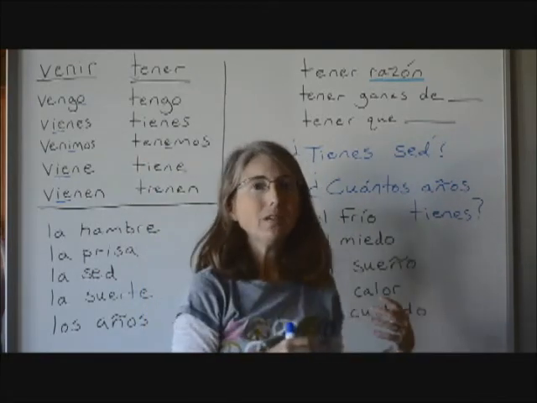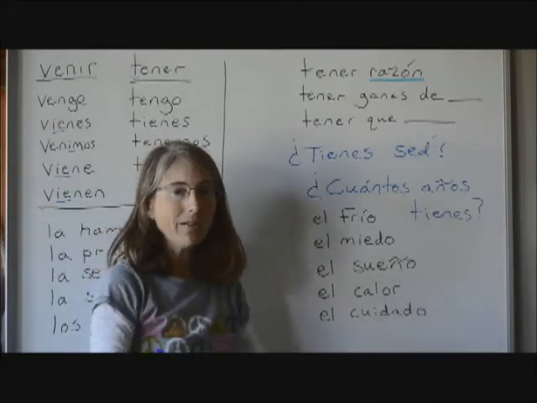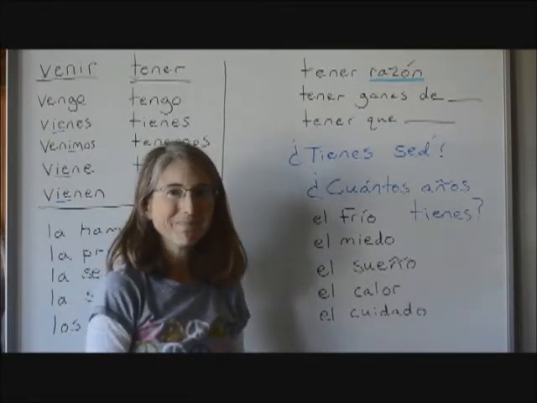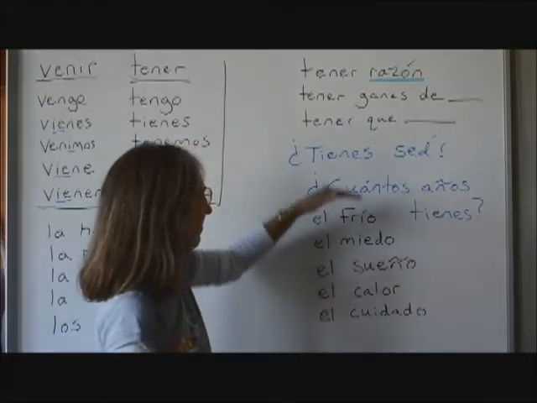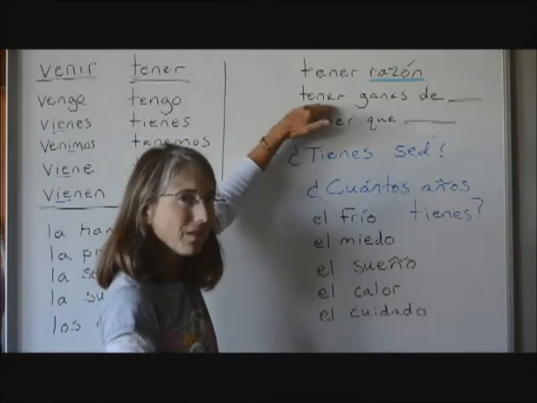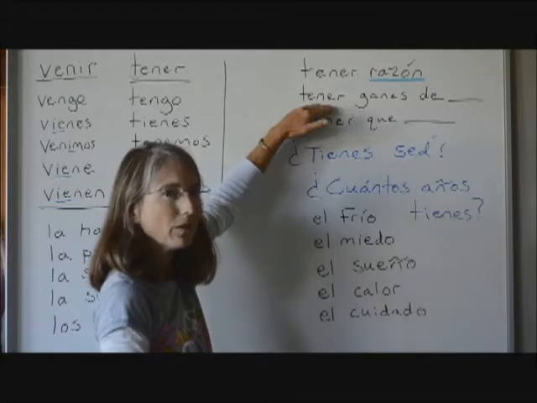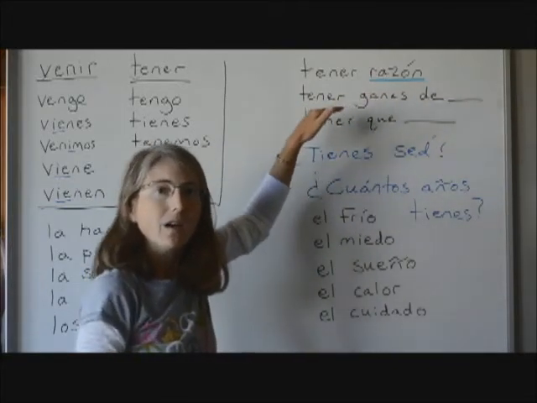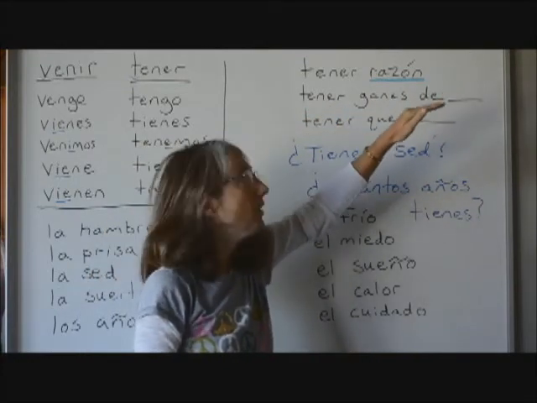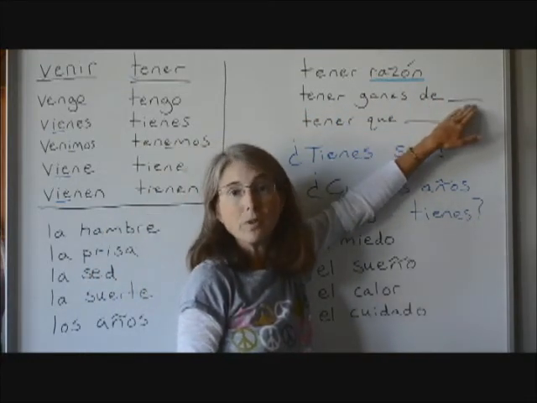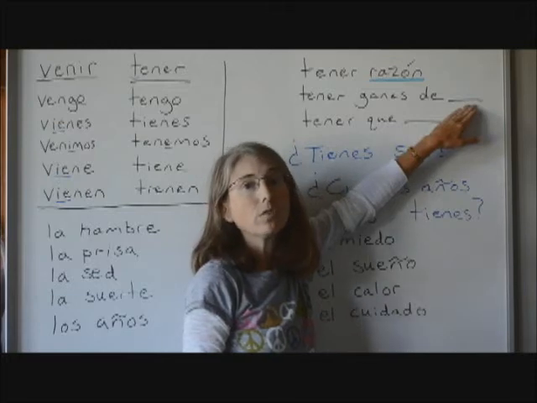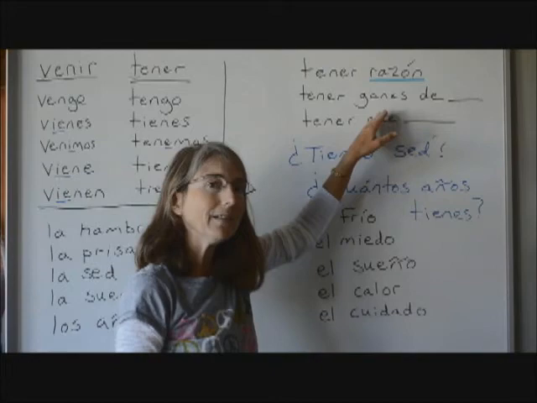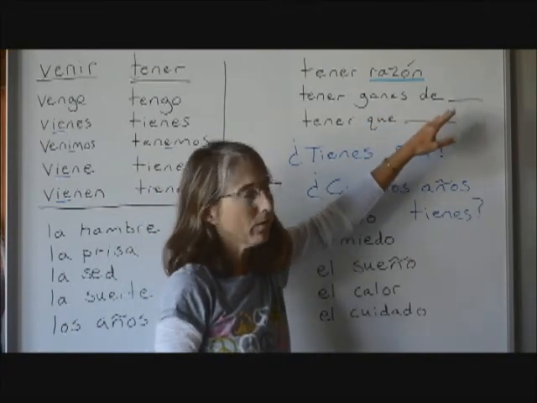And these are some of the unique ways of thinking about having qualities and where tener is used. Now, another thing that we can talk about in Spanish is to want to do something with tener. Tener ganas de means I want to do something. This blank is here because we would put a verb here. I want to sleep. Tener ganas de dormir. I want to eat. Tener ganas de comer. Okay?